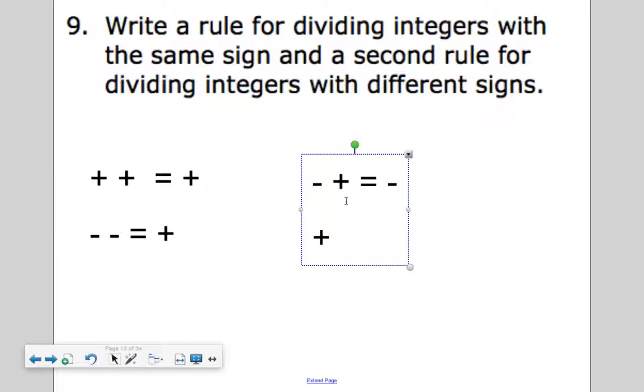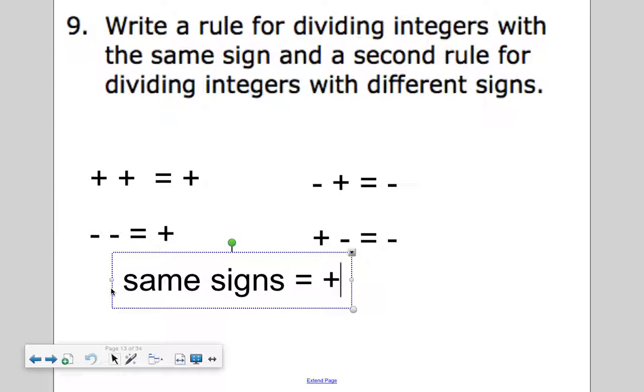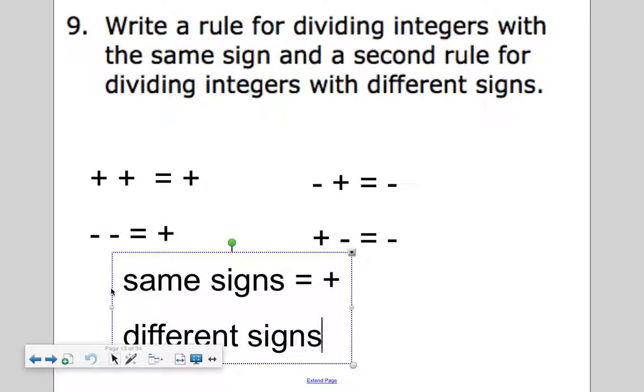And when you have a positive divided by a negative, it will be negative. Wait, hold up. Isn't this the same rule as you see for multiplying integers? It is. So same signs equal positive, different signs equal negative. When they are the same, positive; different will always be negative.